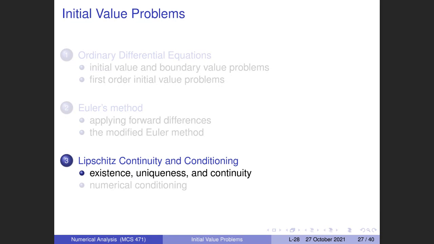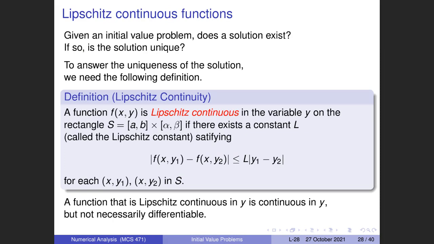The notion that we will be using is Lipschitz continuity, and we will have to address this question before we can get to the numerical conditioning. In this numerical analysis course, we always ask ourselves, what is the numerical conditioning? But here, because the problem is a lot harder, there might not even be a solution in general.